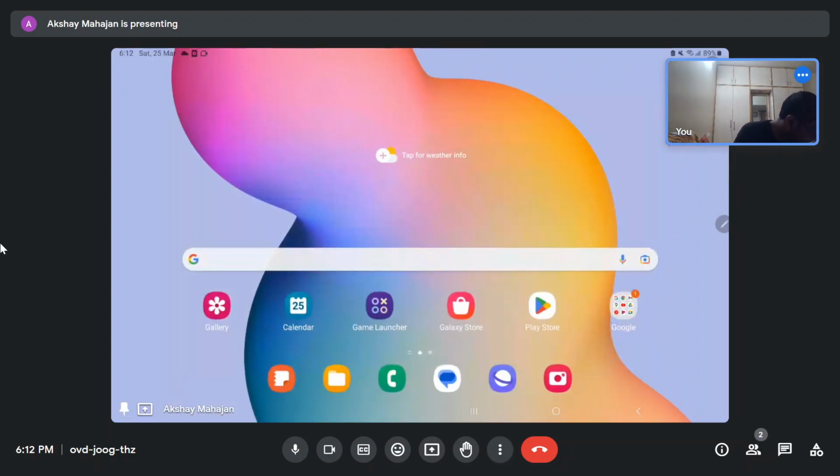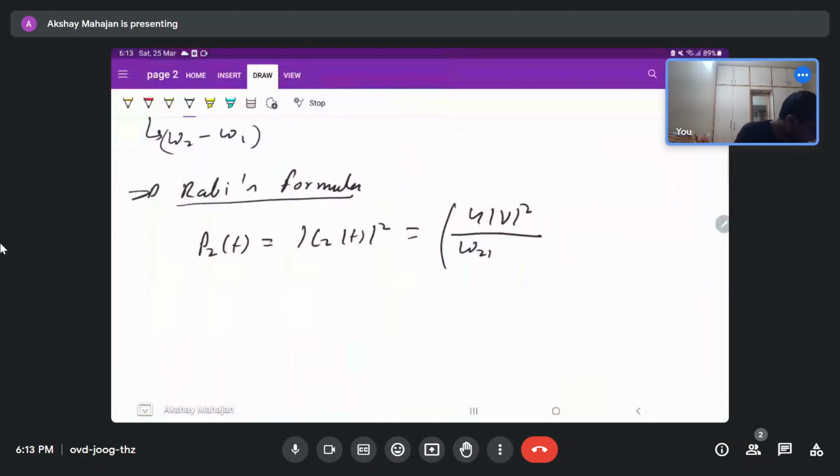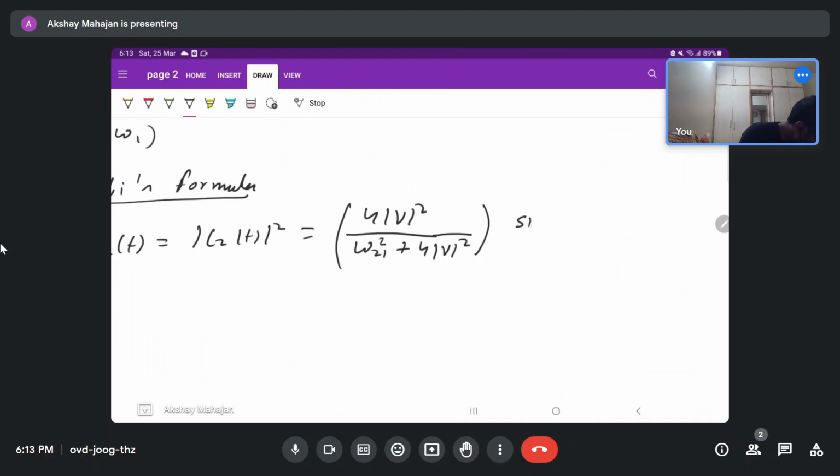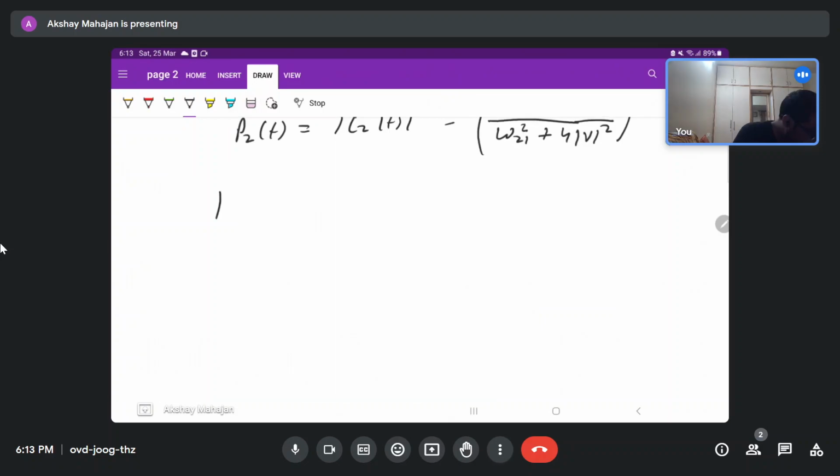I'm writing the general formula first, which we obtain if we apply a constant perturbation. So this is our Rabi's formula. Here omega 21 equals 0, since we have degenerate states.